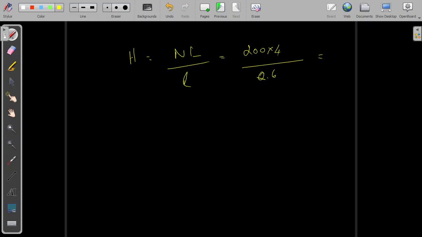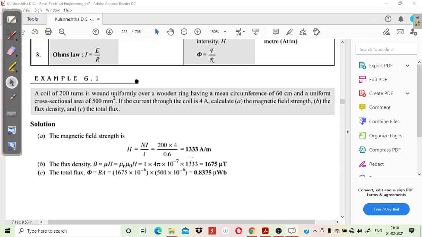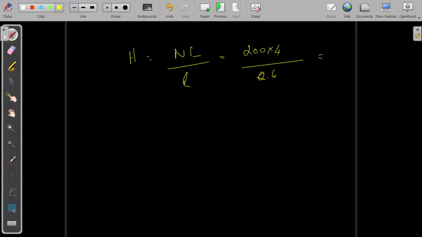That is equal to 1,333 ampere per meter, or 1,333 ampere turns per meter also. These two units are right.